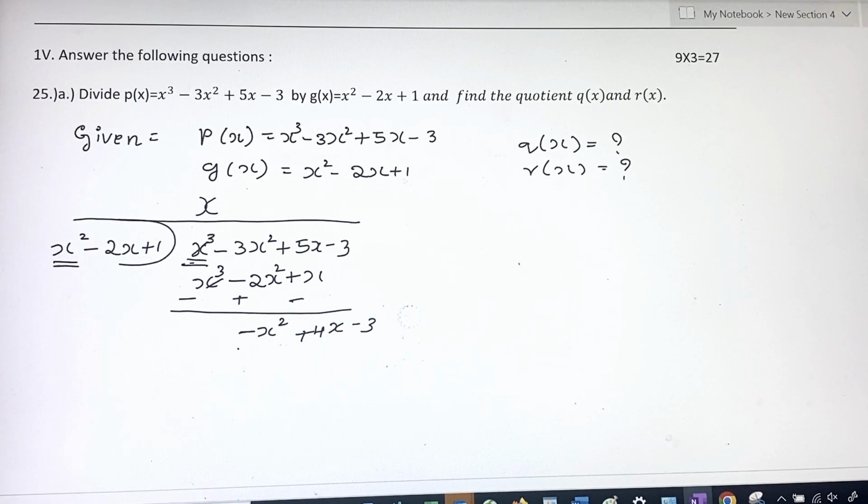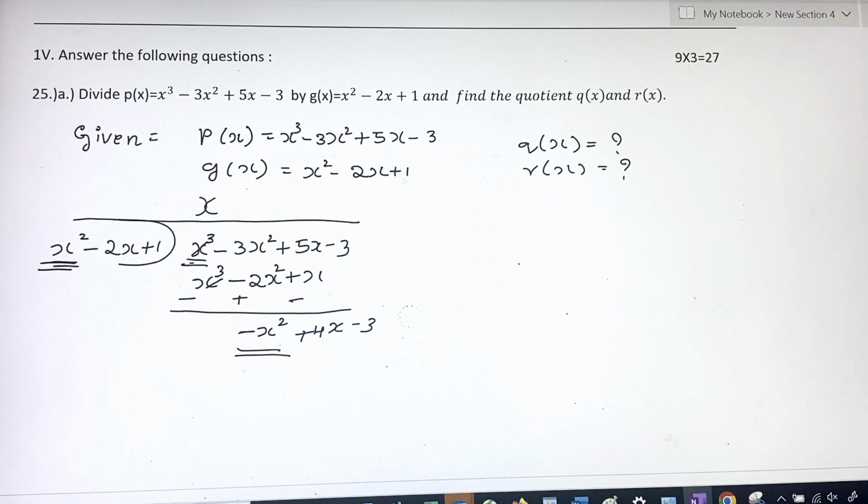Now here we have minus x square and here we have plus x square. For this plus x square, what do we need to multiply to get minus x square? So we need to multiply by minus 1. Sorry, not adding, multiply. So x square into minus 1 is nothing but minus x square.